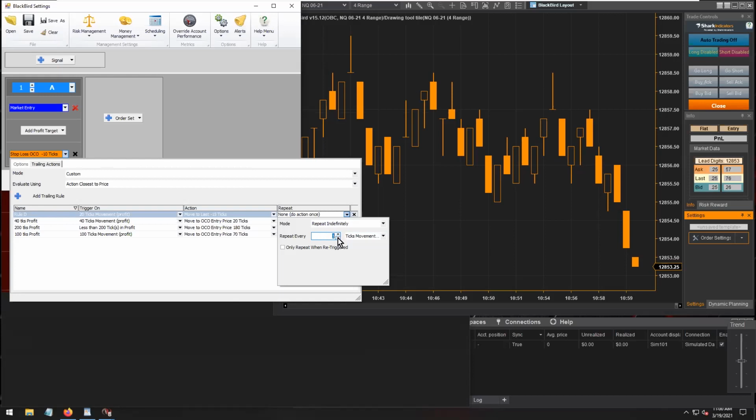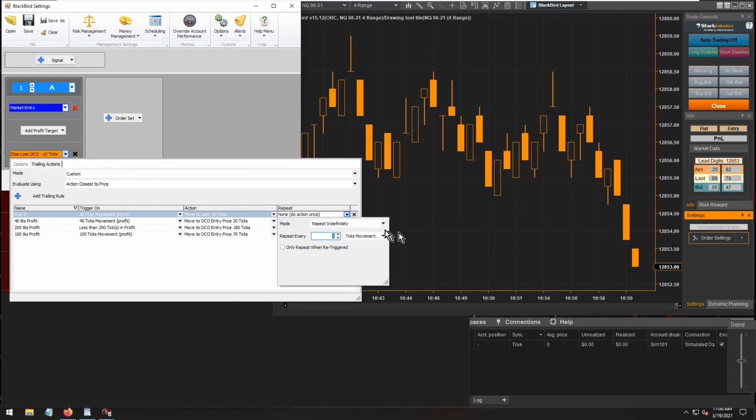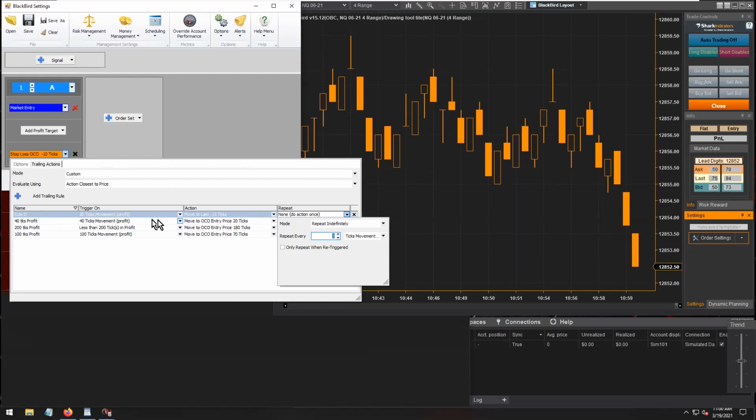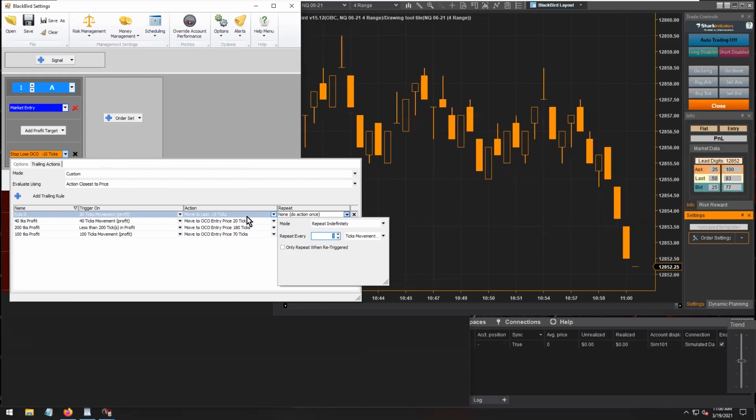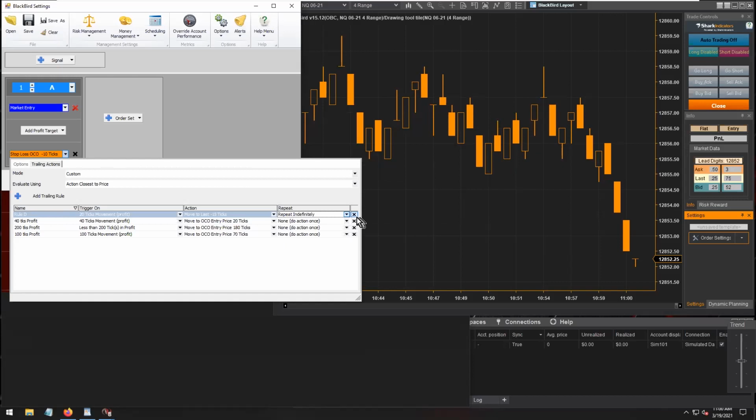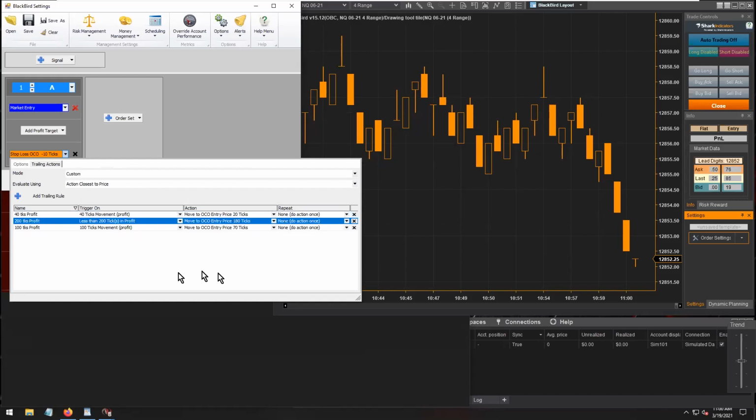So every time the market moves one tick in a profitable direction, we're going to repeat that action, right? This is an example of your typical trailing stop loss, and that's when you would use the repeat. All right, let's get rid of that.